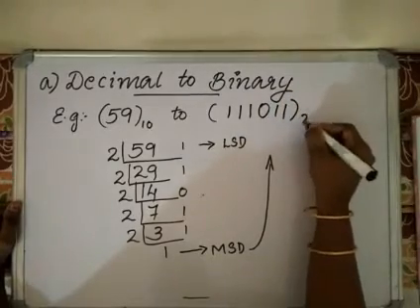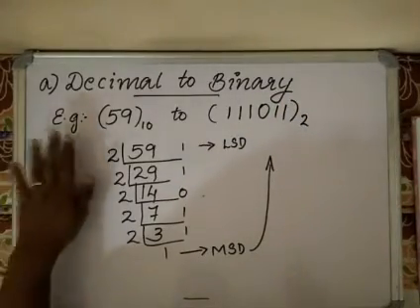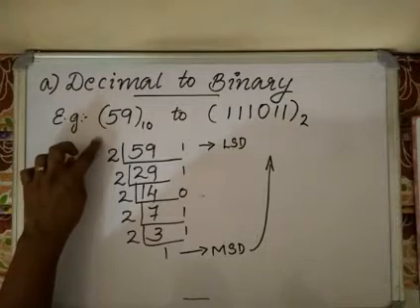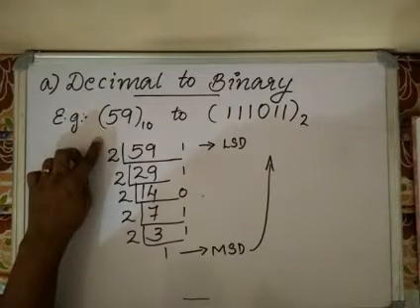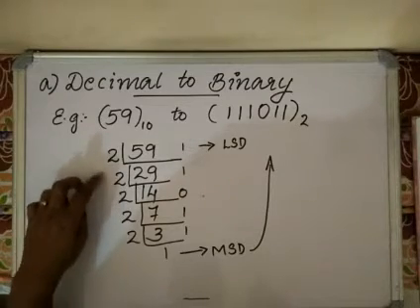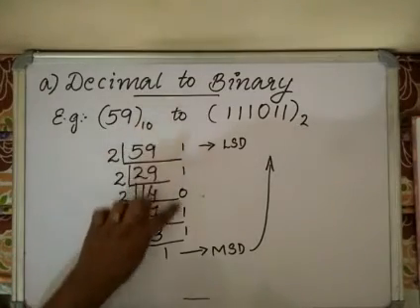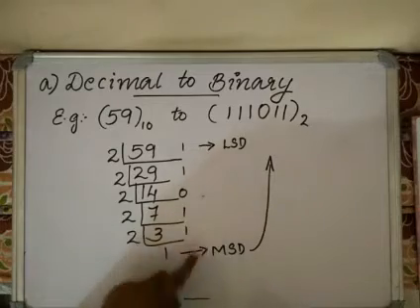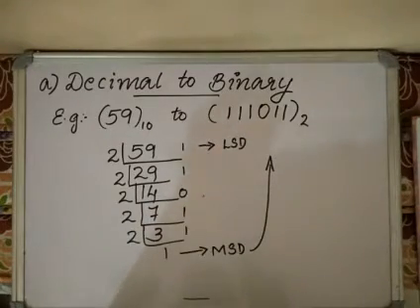This is the binary equivalent of the decimal number 59. We do division continuously by 2, then we accumulate the remainders from MSD to LSD.